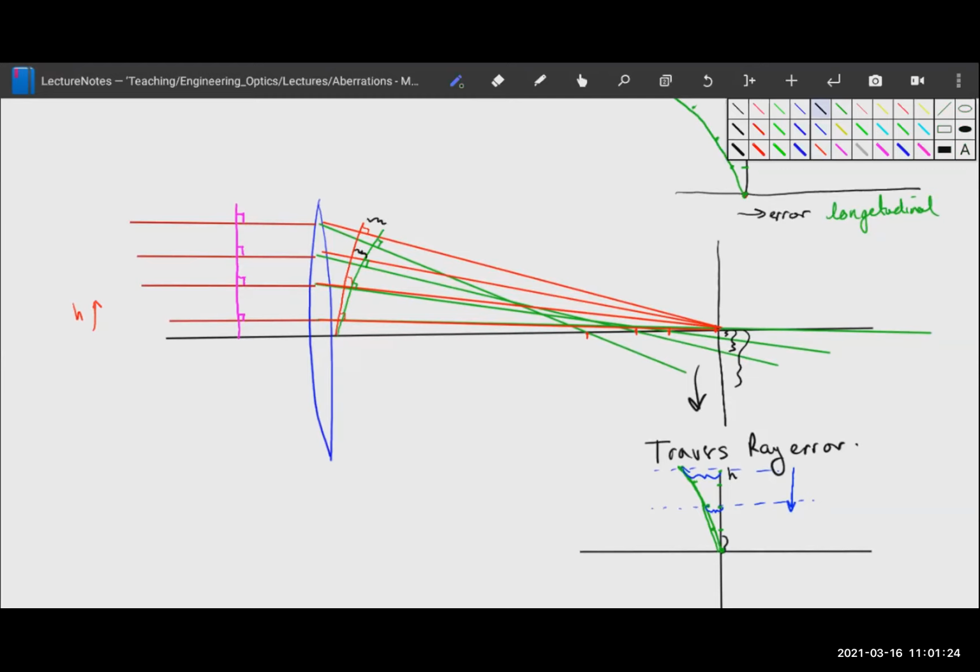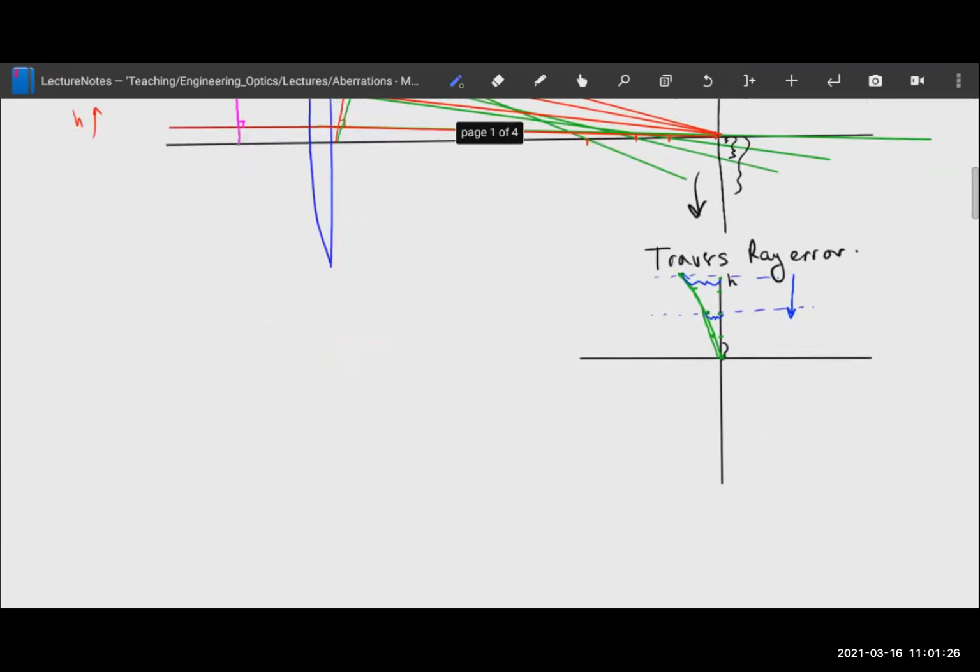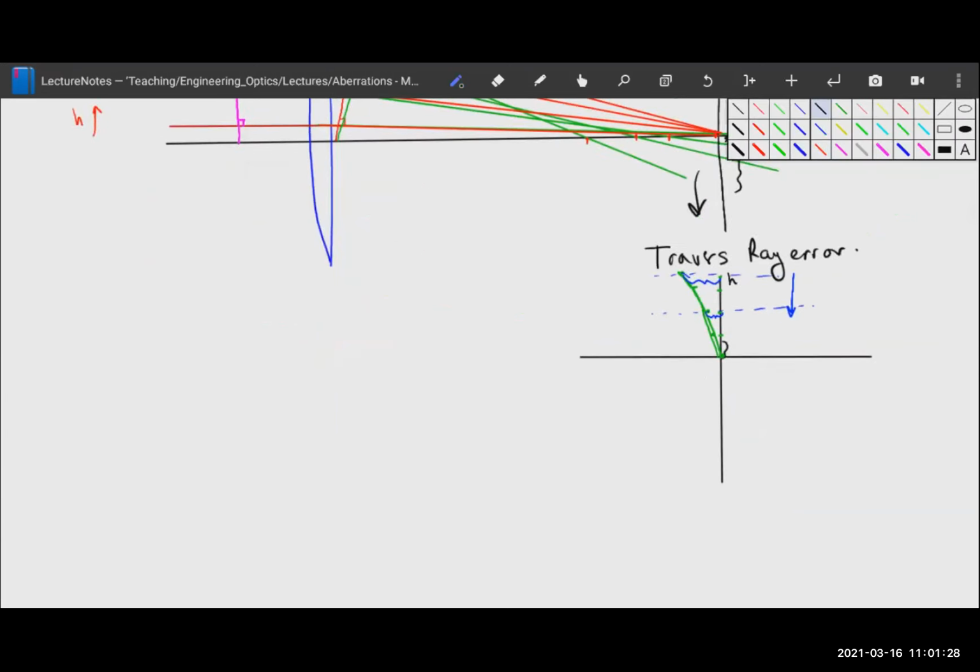is our wavefront error. And so we can plot our wavefront error. Usually it's plotted in 2D actually, but we can plot our wavefront in 1D like this, exactly as we did with our transverse ray error. So we can say, all right, this is our H, this is our aperture, and then we can plot our wavefront error here. And usually we normalize it by lambda, our wavelength.